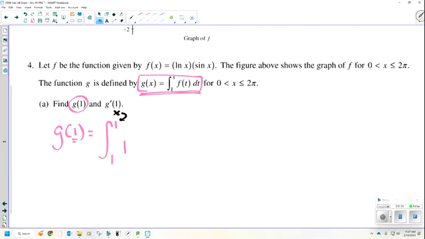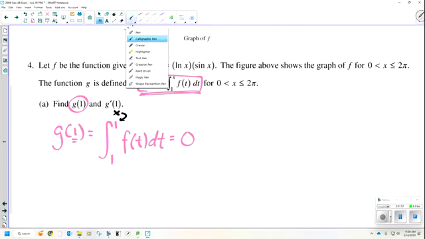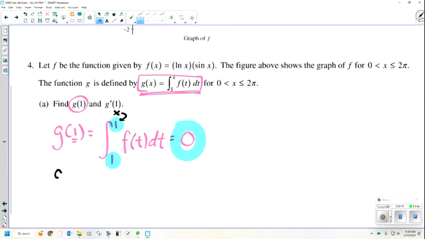The lower bound is also 1. That right there tells me what the answer is. It's 0. How come the answer is 0? Anytime the upper bound and the lower bound are the same thing on an integral, the answer is always 0. Okay? So our first one is done. If you want to write it nice and neat, g of 1 is 0. There you go.